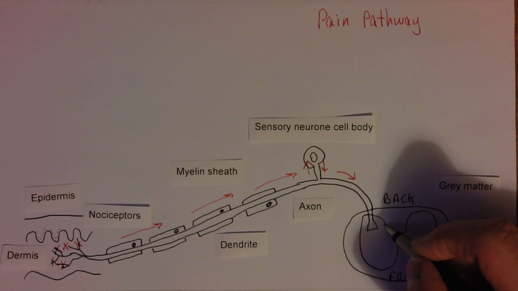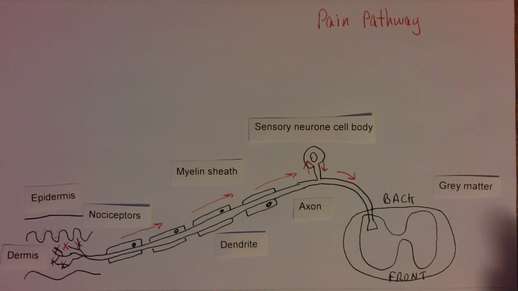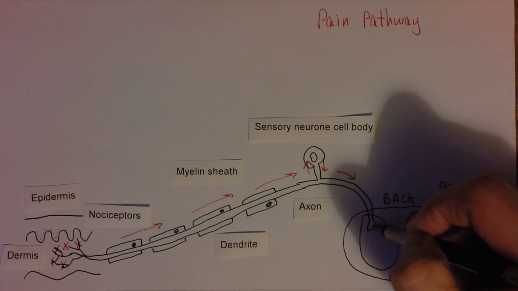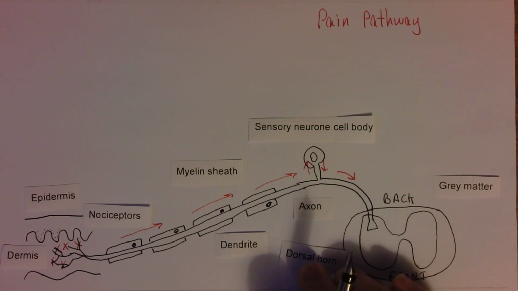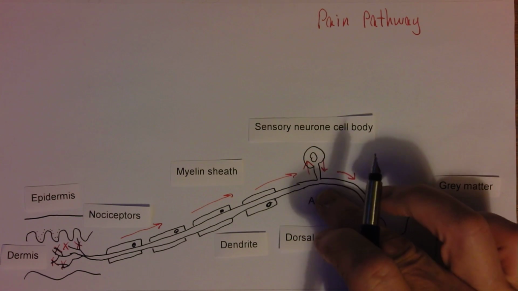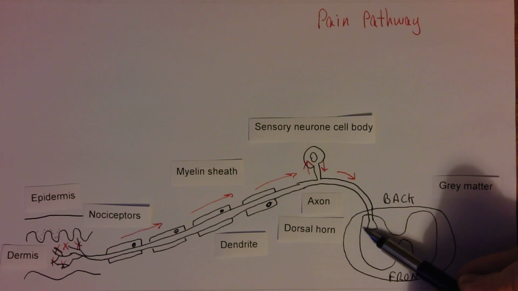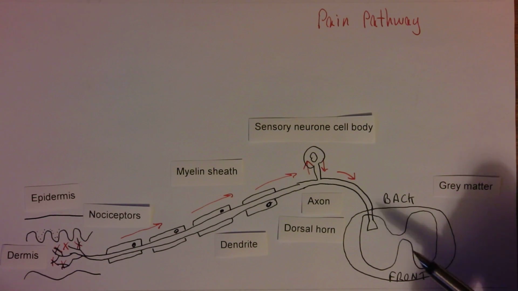So this bit here, because these are shaped a bit like horns, that area here, where the axon of the sensory neuron is entering, is called the dorsal horn. So the axon of the sensory neuron enters this area here, which is the dorsal horn of the spinal cord.